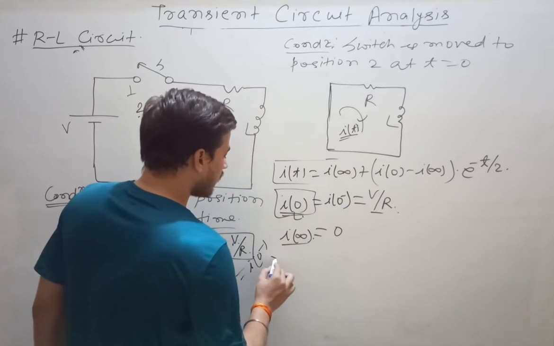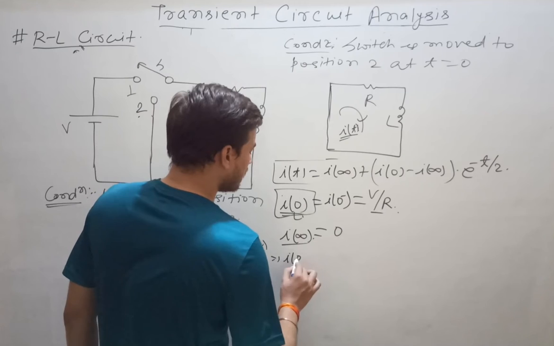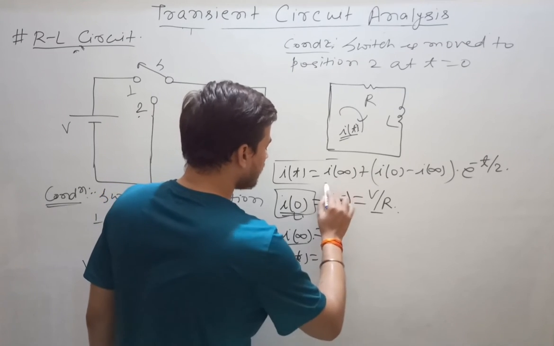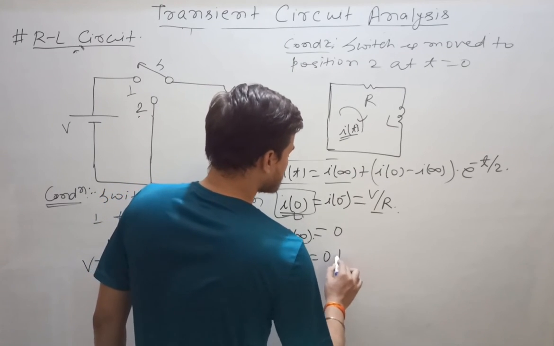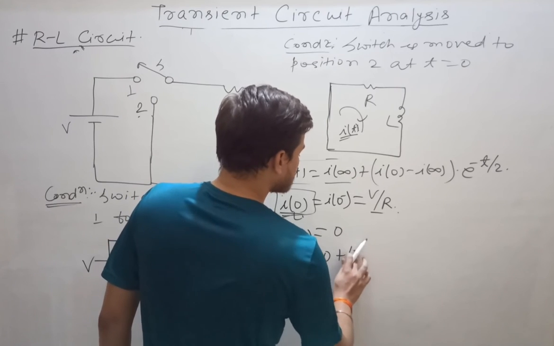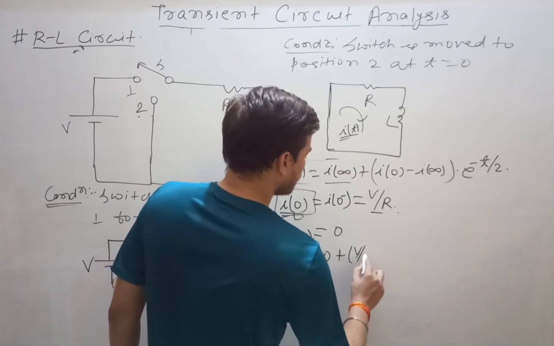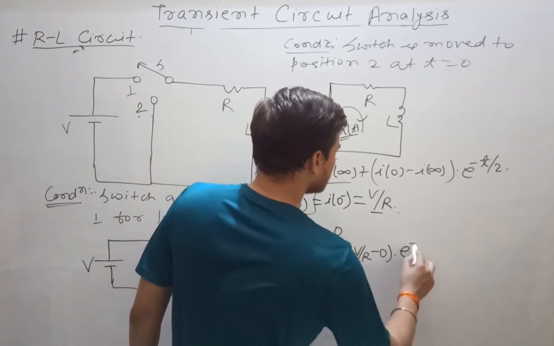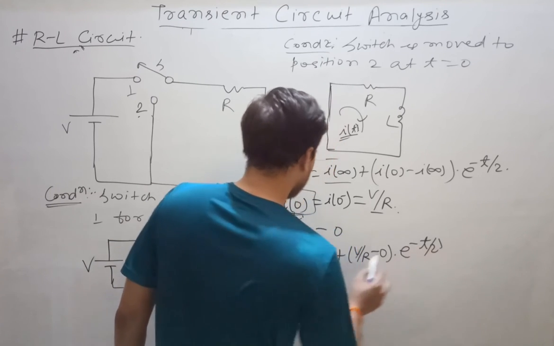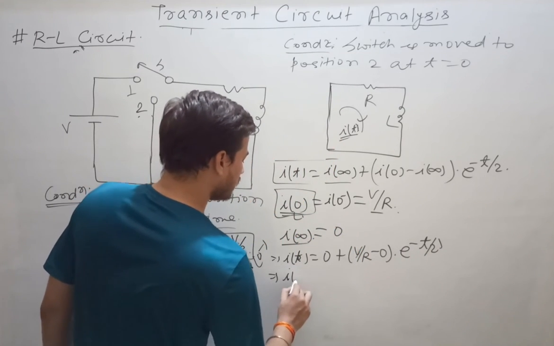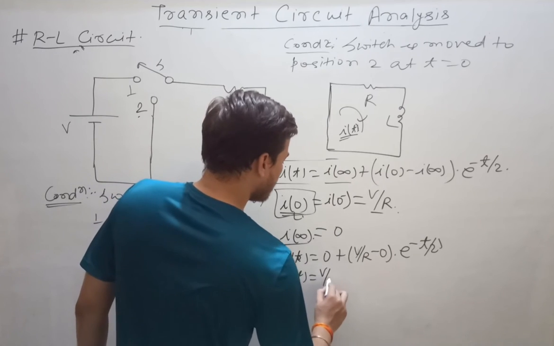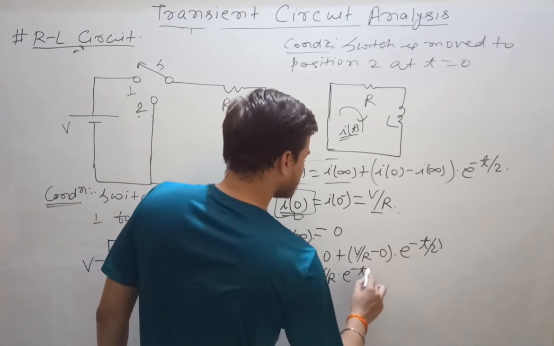So now put the value, write the expression. IT will be equal to I infinity, that means 0, plus V by R minus 0 into e to the power minus t by tau. From here you get IT equal to V by R into e to the power minus t by tau.